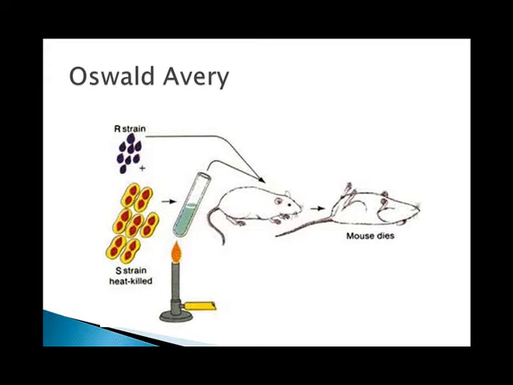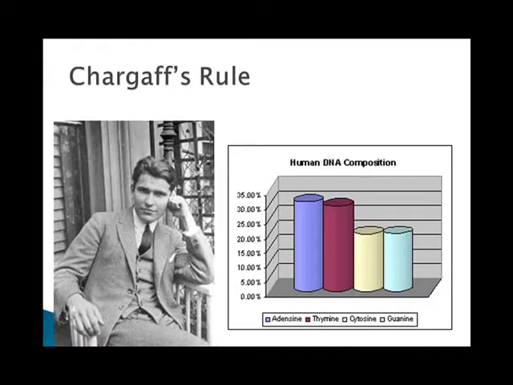In the 20s, Edwin Chargaff, handsome guy there on the left, decided that he was going to start analyzing the different components. By this point, they had discovered the different components of DNA. They didn't actually know that DNA was necessarily the factor of life, but he saw that they were always in certain ratios.